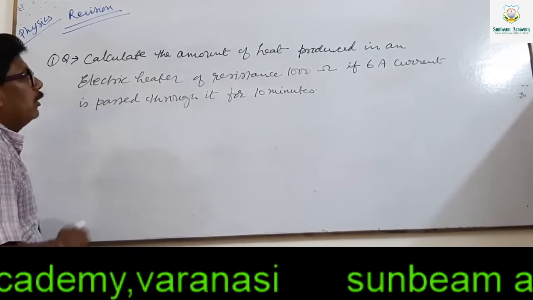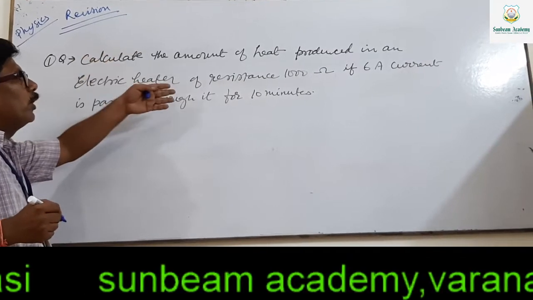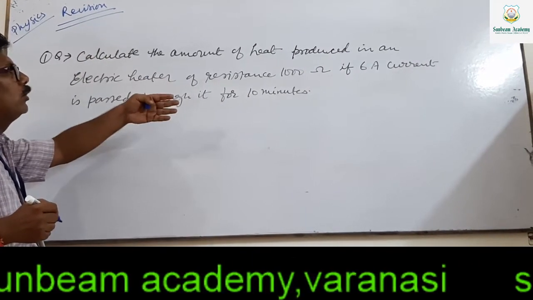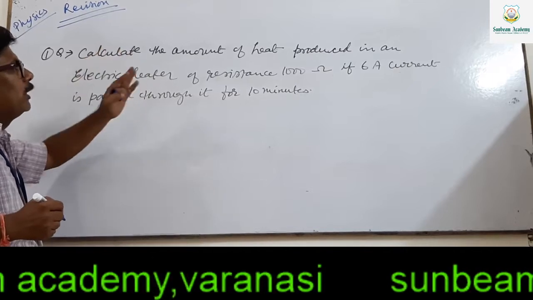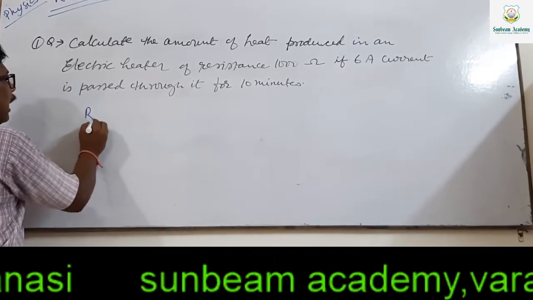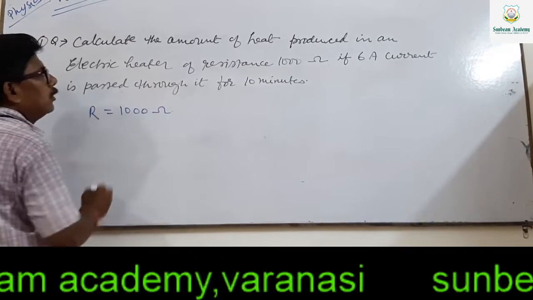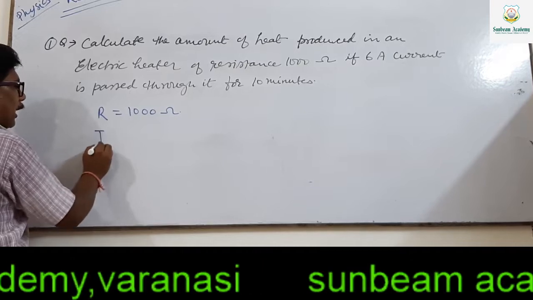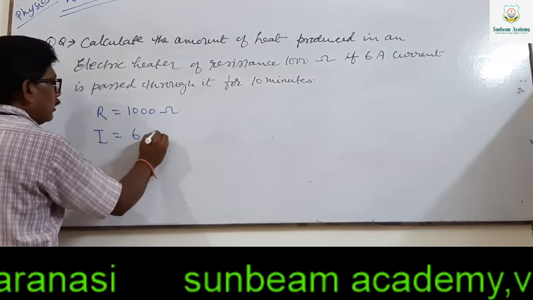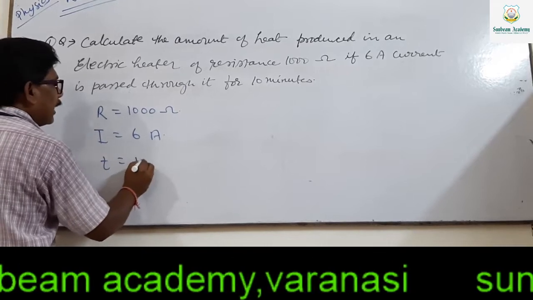First of all, we will write the physical quantities and their magnitudes given in the question. It is given that resistance R is equal to 1000 ohms. Second, current I is 6 ampere. And time is 10 minutes.